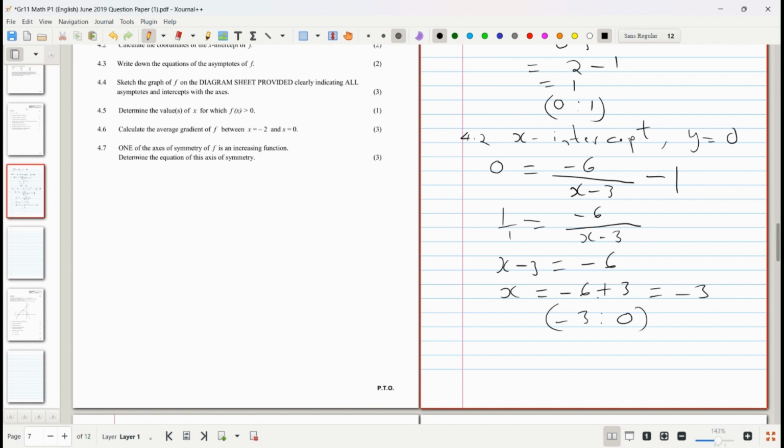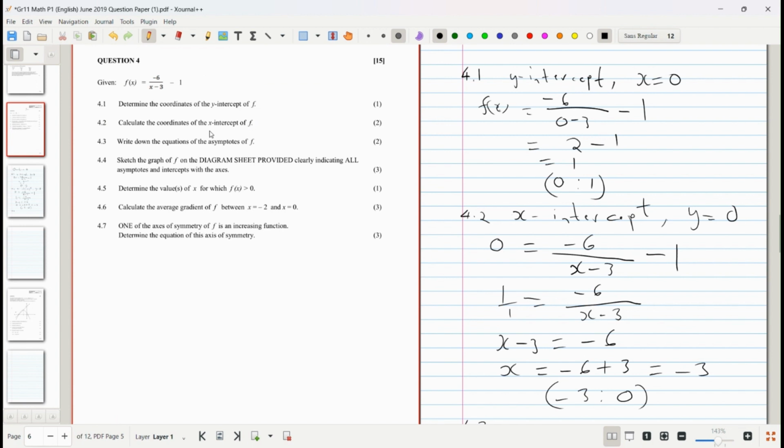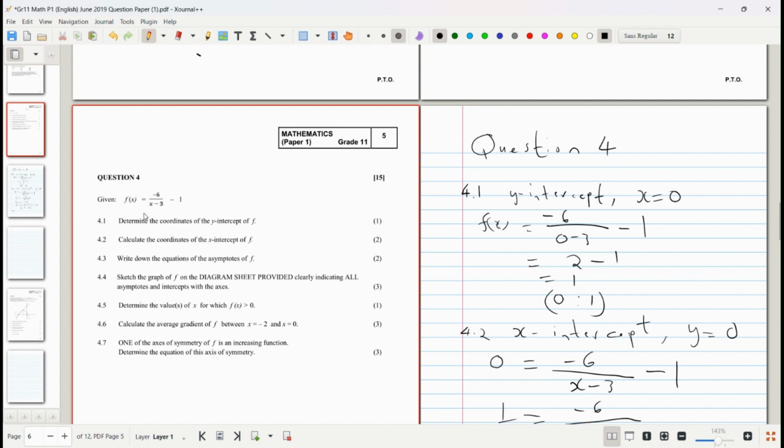Moving forward to 4.3, we are asked to write down the equations of the asymptotes of f. Remember this one, x minus 3: this minus 3 is the same as p, so it is the x asymptote.